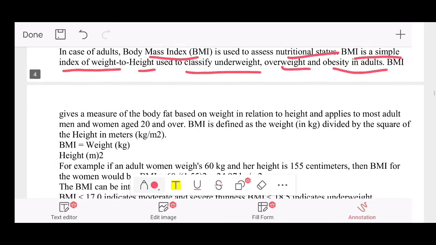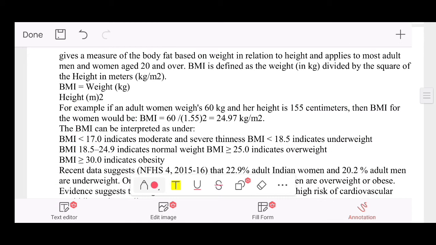BMI gives a measure of body fat based on weight in relation to height and applies to most adult men and women aged 20 and over. BMI is defined as the weight divided by the square of the height.